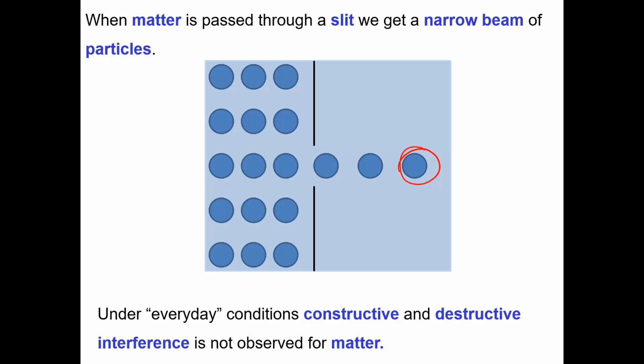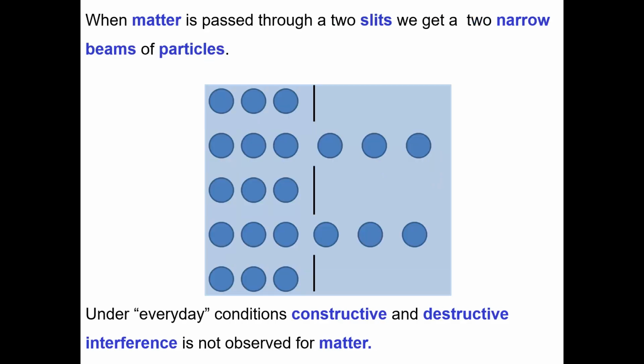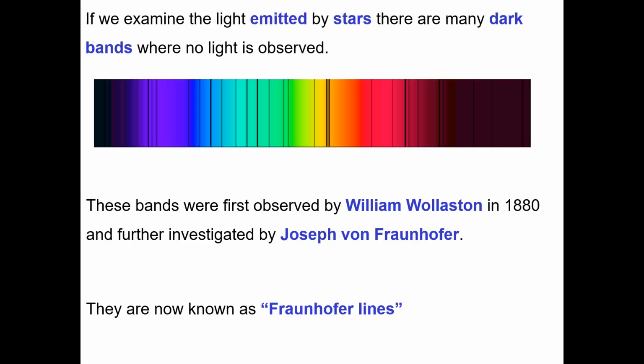If you pass matter through two slits, you just get two beams of particles. So under everyday conditions, constructive and destructive interference is not observed for matter. We only see this for waves or for light. So again, that's some pretty powerful evidence that light really is a wave.